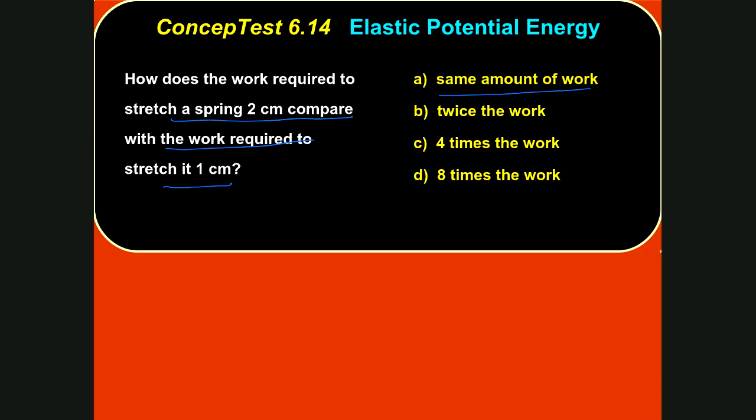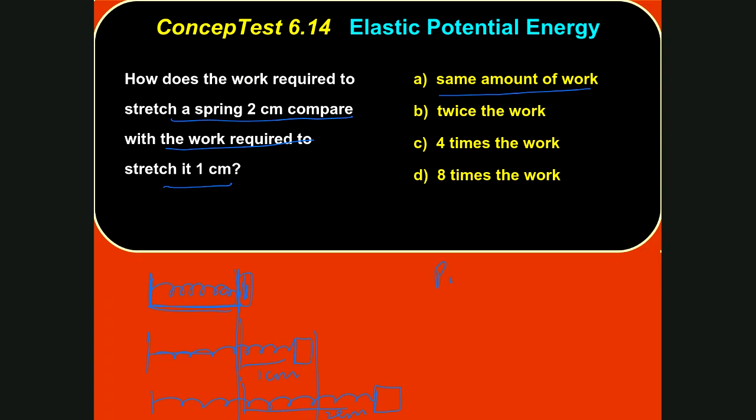Think about it. Let's have a spring. If this was the initial position of the spring when it was not stretched, then I stretched the spring, say, by 1 centimeter. And then next, I stretched the spring, from the initial position, by 2 centimeters. What do you think is happening to the work done?